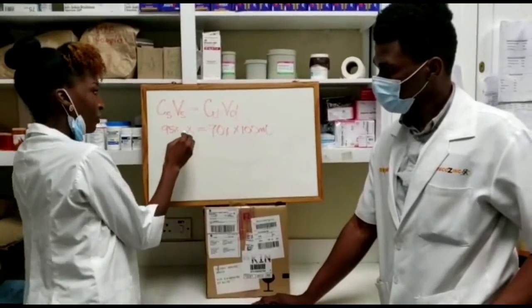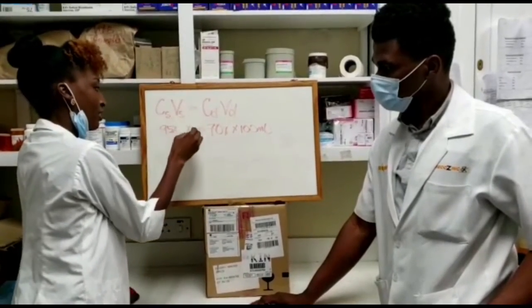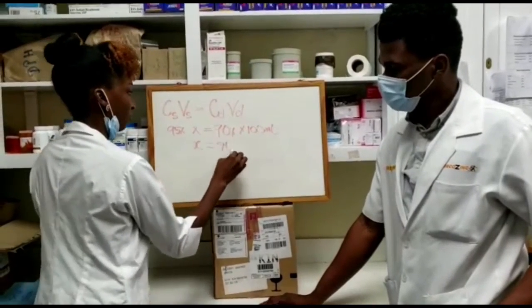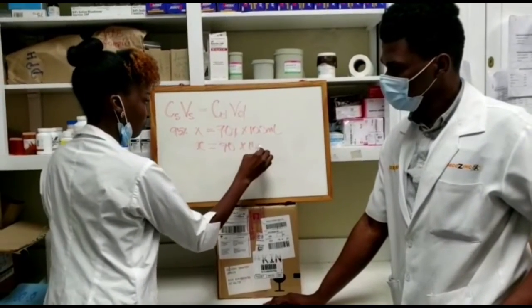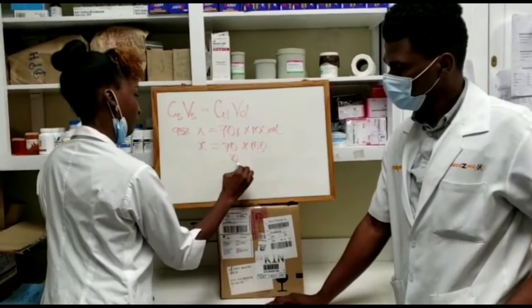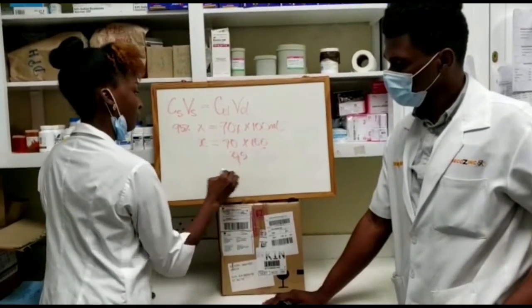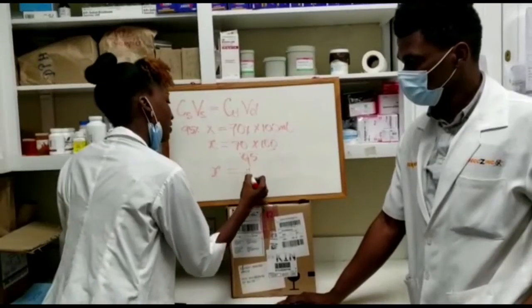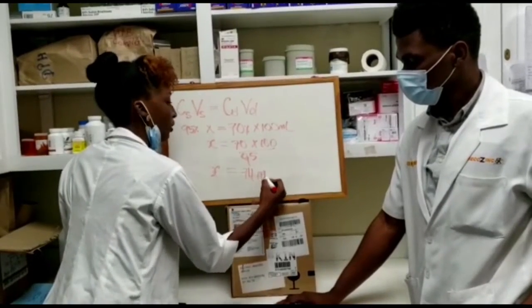So in order to find out, we're going to solve for X by simply cross multiplying. Plug it into the calculator, and we get approximately 74 mLs when rounded up.